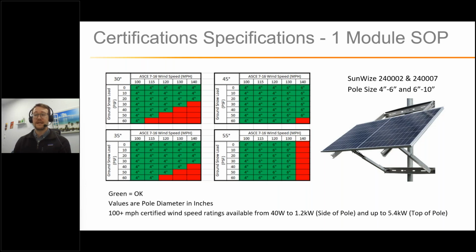So again, green is okay. The values within the table are the pole diameter in Schedule 40 inches. And SunWize, within our broader product portfolio, is able to achieve 100-mile-per-hour certified wind speed ratings from approximately 40 watts to 1.2 kilowatts for side of pole arrays and up to 5.4 kilowatts per pole for top of pole arrays.